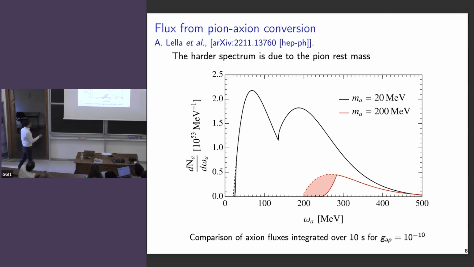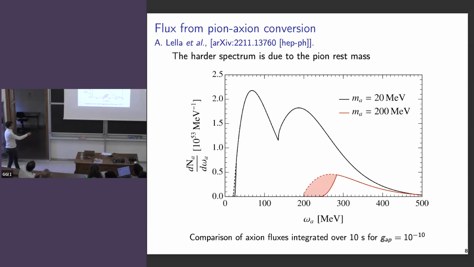In the low mass case, so this 20 MeV mass, you can see a bimodal shape of the spectrum. The first peak is related to the nucleon-Bremsstrahlung at a peak of about 80 MeV, while the second peak is related to the pion conversion, and it is at much larger energies due to the pion rest mass.